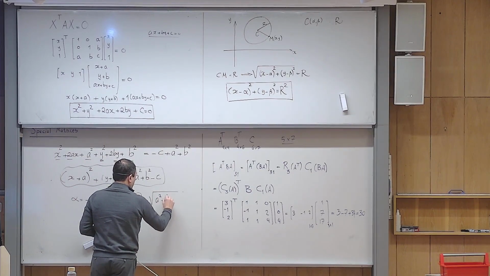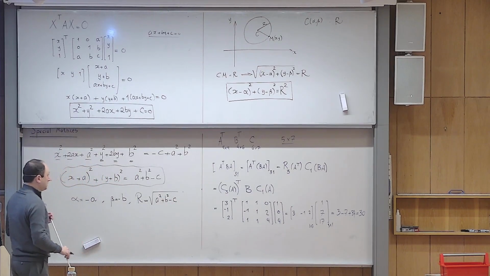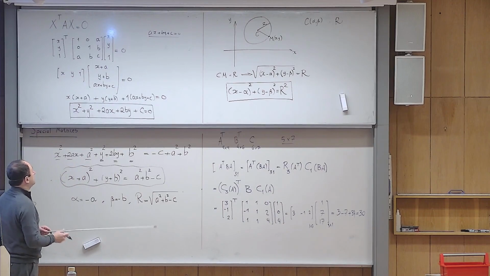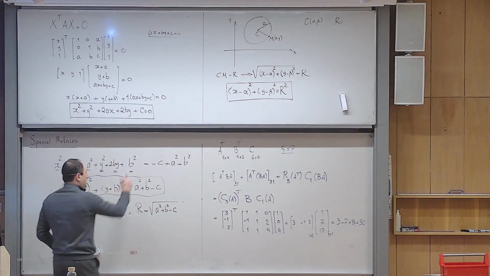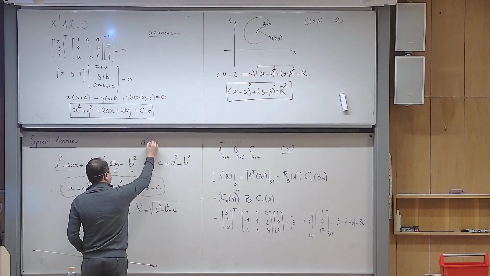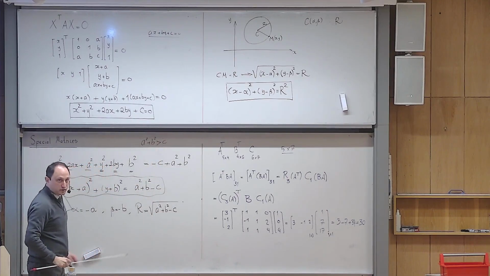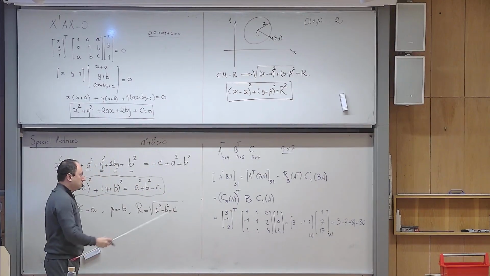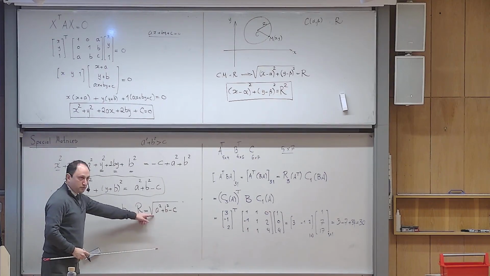But whenever you take a square root, you have to be certain about something. That's my question. I actually erased that. You remember there was a condition given in the problem from the beginning that a squared plus b squared is greater than c, and that is the reason. If a squared plus b squared is not greater than c, then I will have problems here.